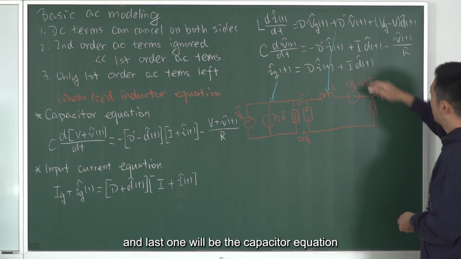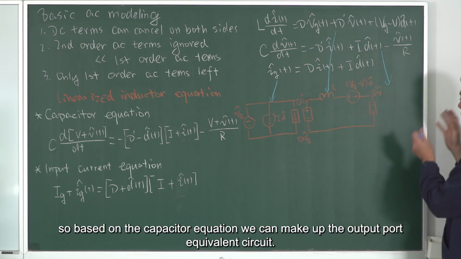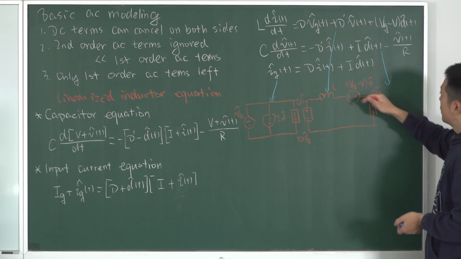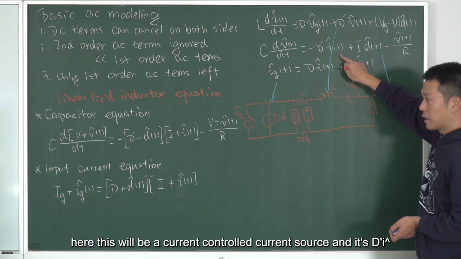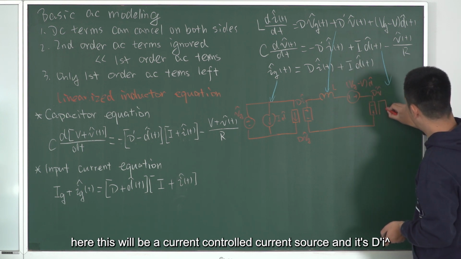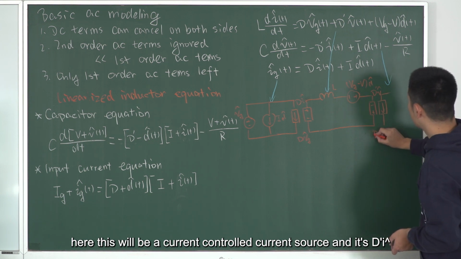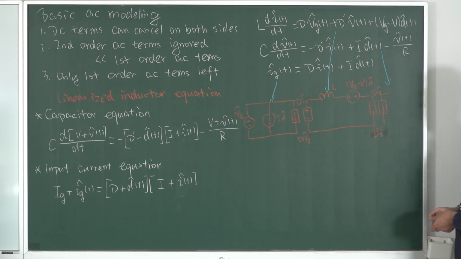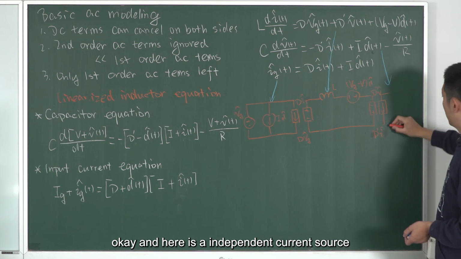And last one will be the capacitor equation. So based on the capacitor equation, we can make up the output port equivalent circuit. So here, this will be a current-controlled current source, and it's D prime I cap. Okay, and here is an independent current source, right?